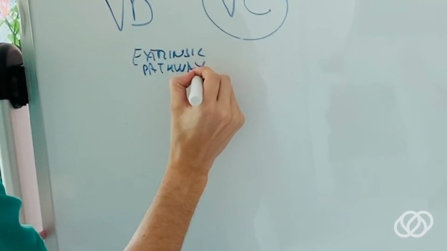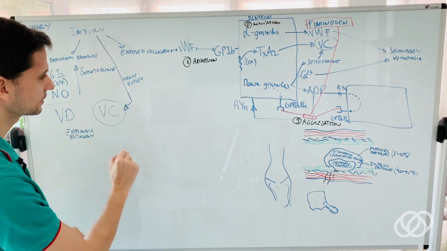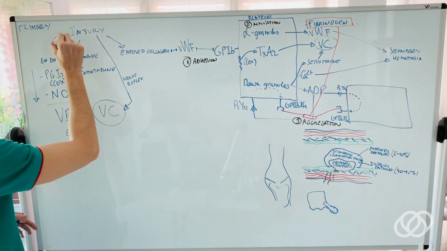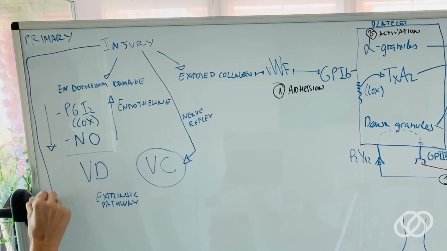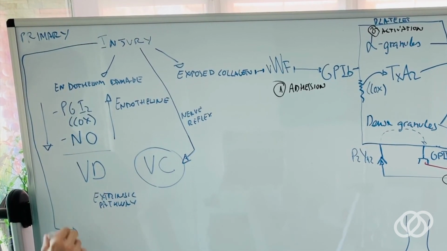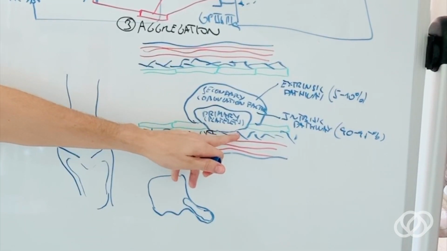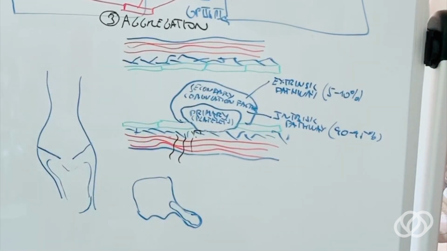We call it extrinsic because for the initiation of this cascade through this way, we need tissue factor. We get that when we have an injury in the vessel, and the blood gets in contact with fibroblasts and also smooth muscle cells.